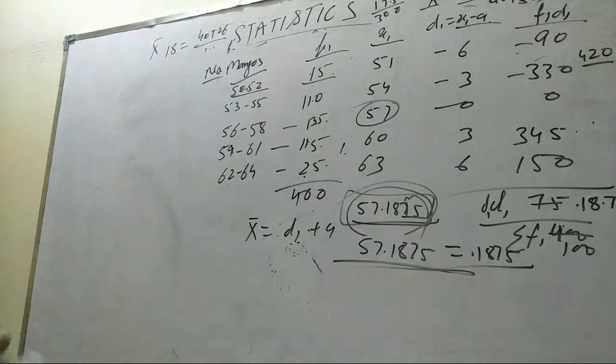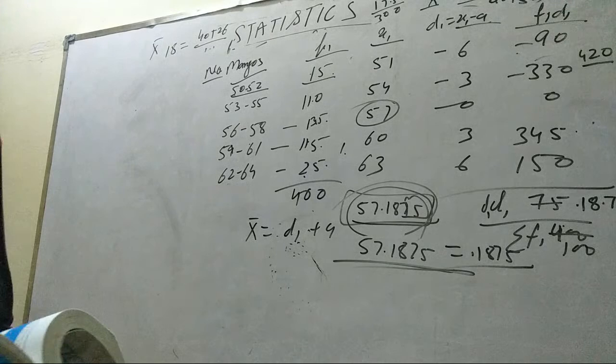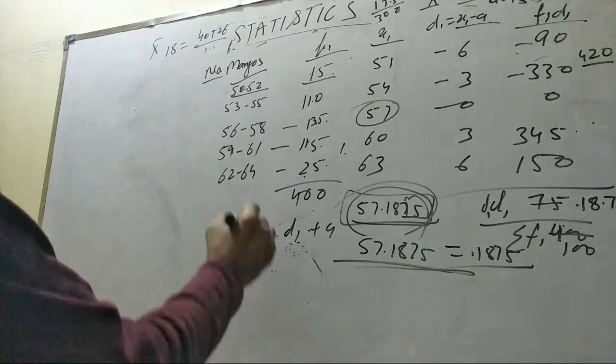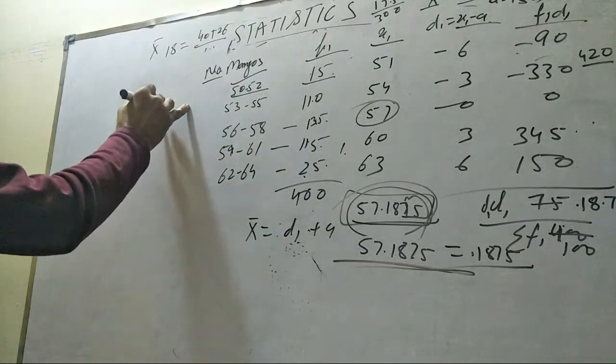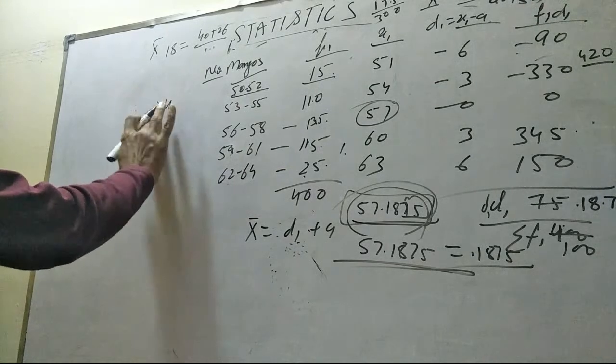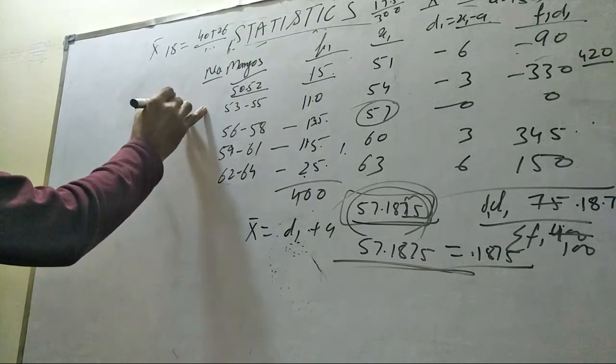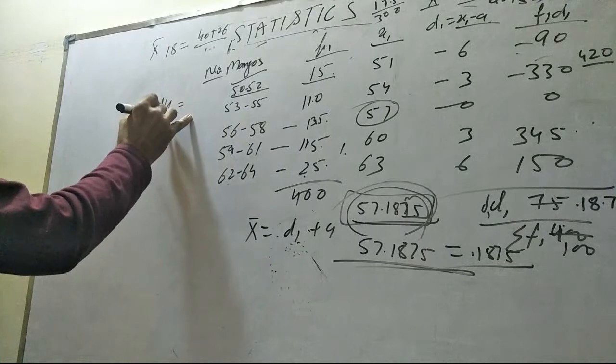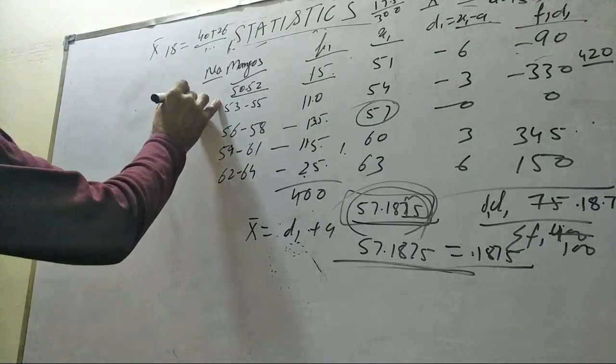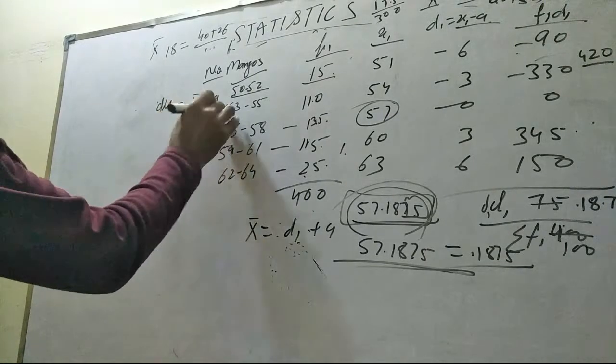Next. Today we are going to finish this exercise here. Tomorrow we will again take this data exercise more and grouped more, and extra we use that u is equal to, d1 into u is equal to x1 minus a.